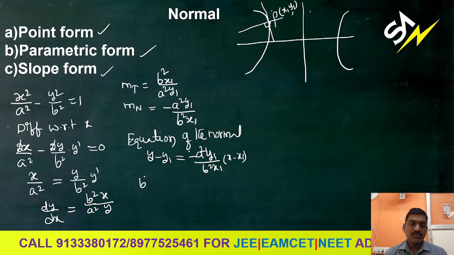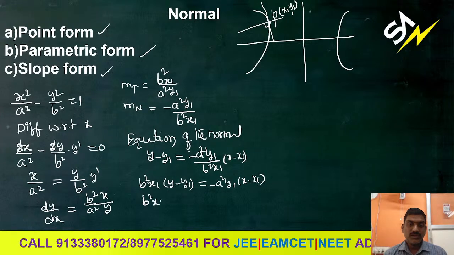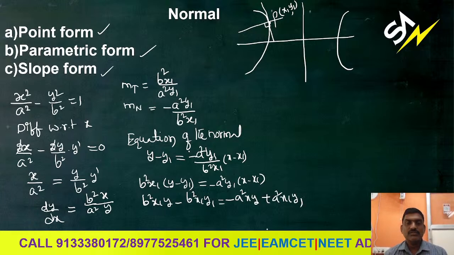So here it is b square x1 times y minus y1, which is equal to minus a square y1 times x minus x1. Try to simplify this: b square x1 y minus b square x1 y1 minus a square x y1 plus a square x1 y1.